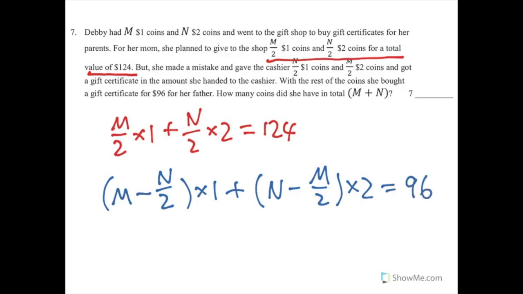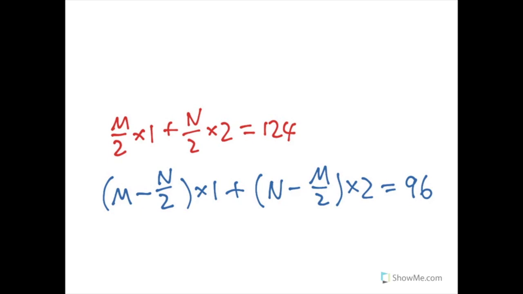What we need to do now is to solve the system of equations. And first, we would probably benefit from simplifying this. So the first equation is a little bit easier to simplify. All that we have is m over 2 plus n is equal to 124.